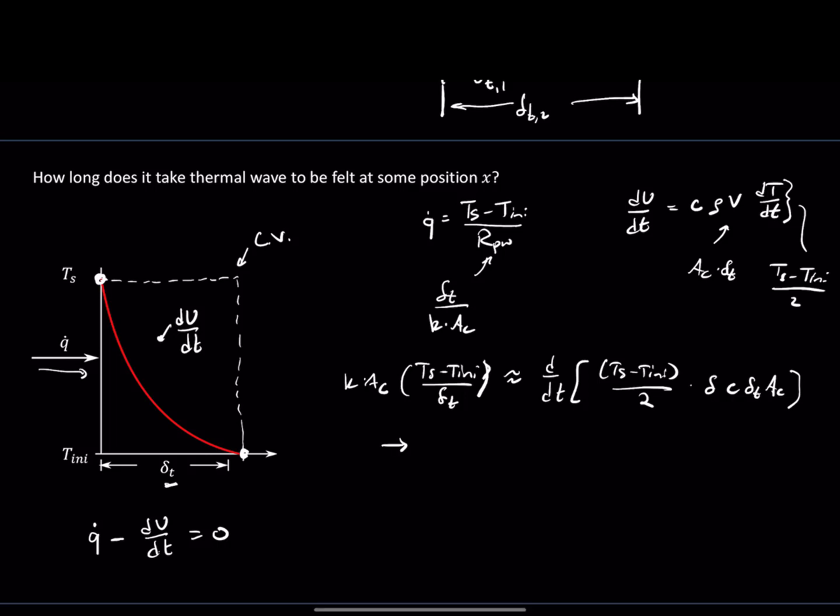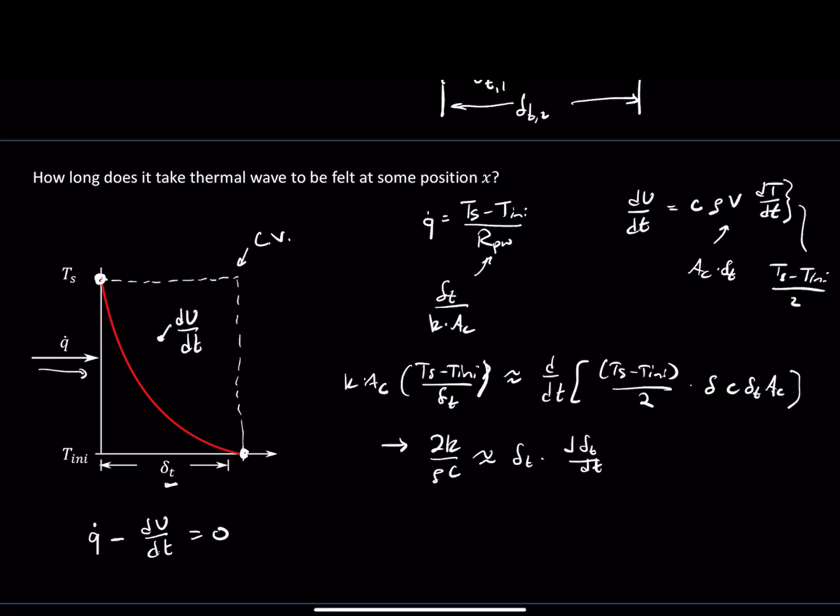So this simplifies down to the following: 2k over rho C is approximately equal to delta t times d delta t dt. Hopefully you can see where that came from.